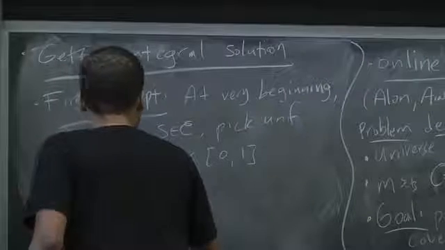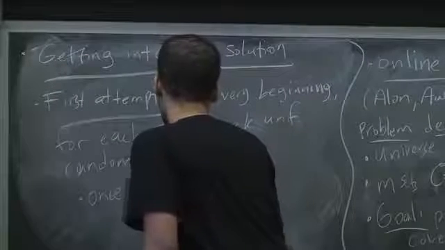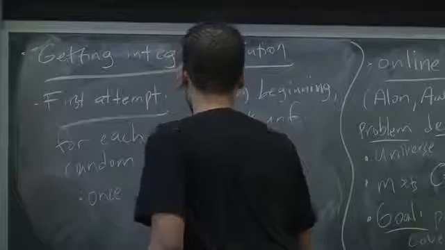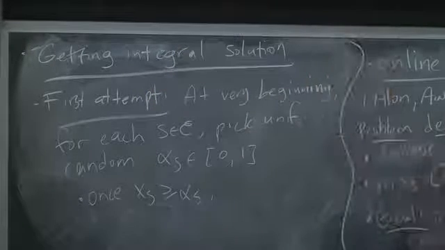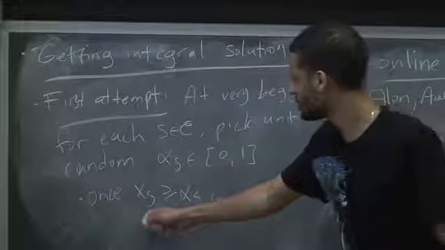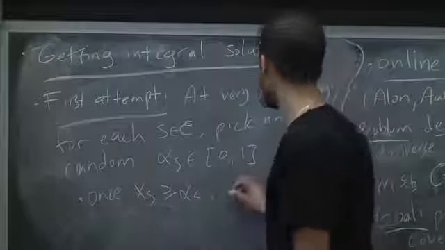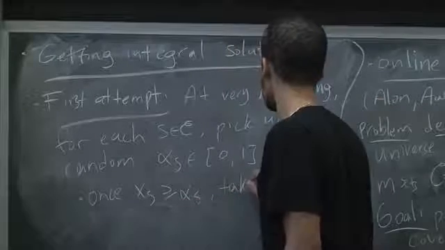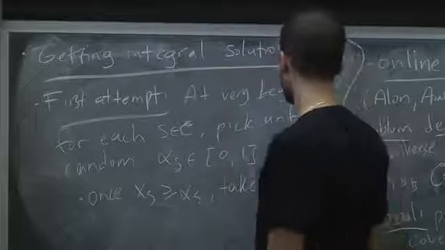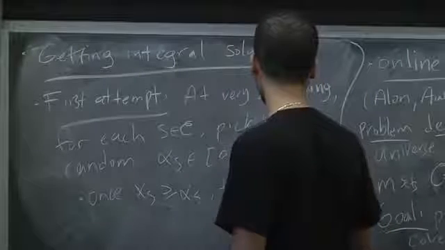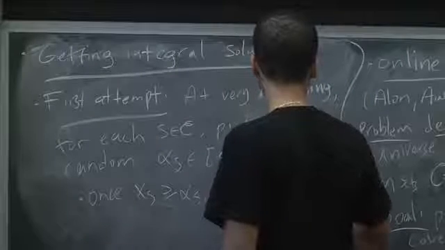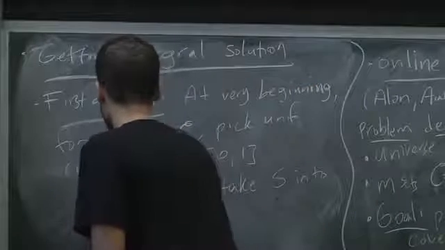Once x sub s is bigger than alpha s, so maintain the fractional solution just like we were doing, once that fractional solution on s is bigger than alpha sub s, take it into the collection. Take s into our solution.